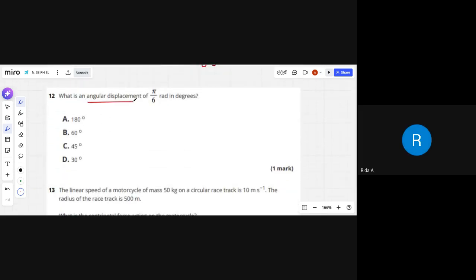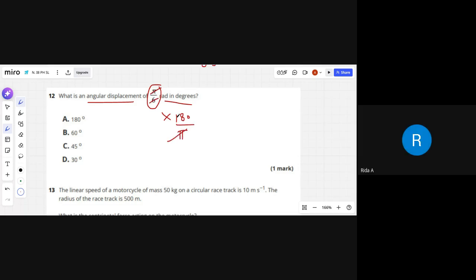What's an angular displacement of 5π/6 radians in degrees? You times it by 180 over pi, and cancel the pi's.